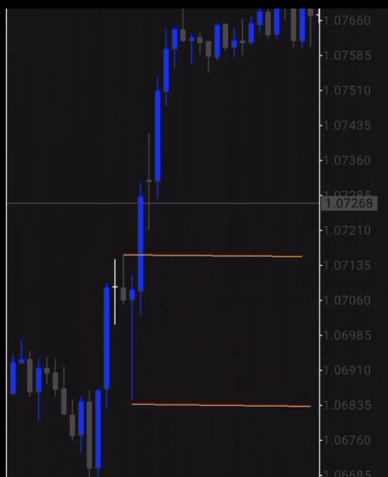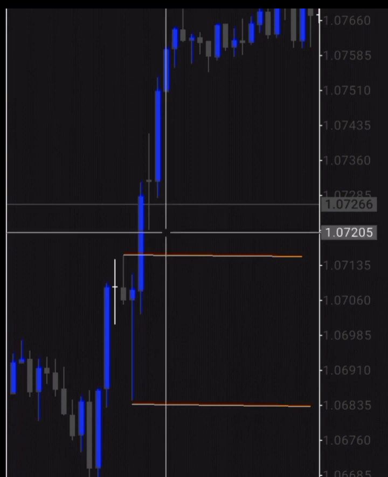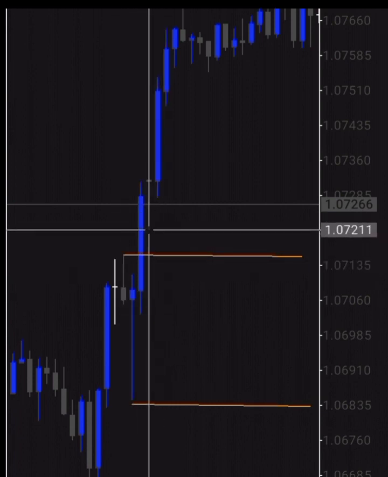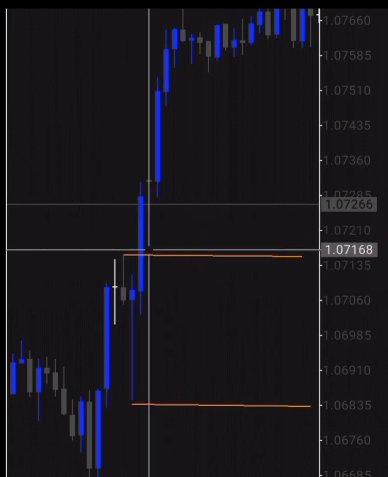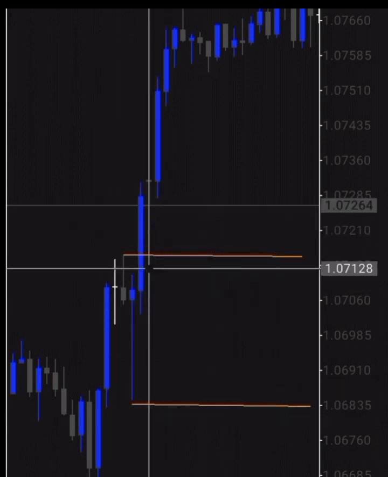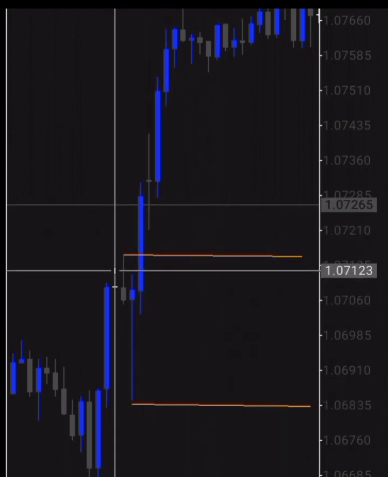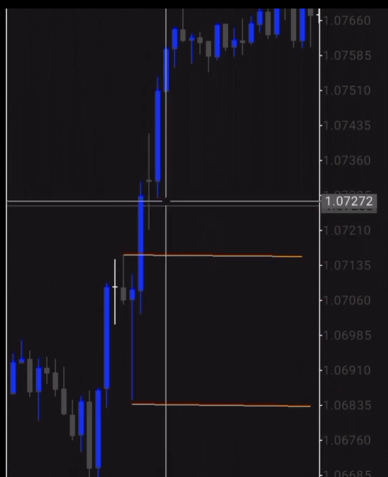After doing that, you identify the zone that broke the high and the low. What do I mean by that? If you place your attention here, you can see that this zone that we just created, using the high and the low, was broken.